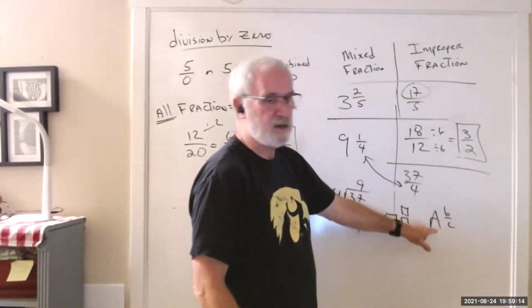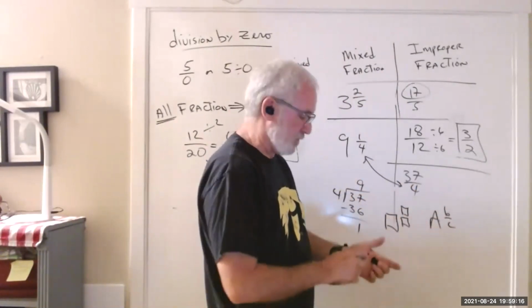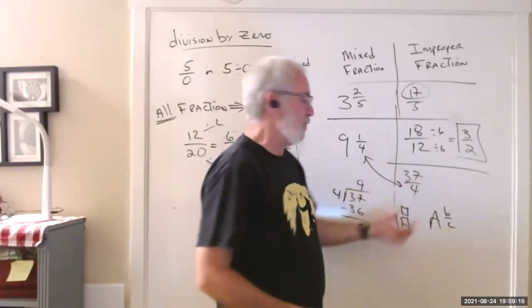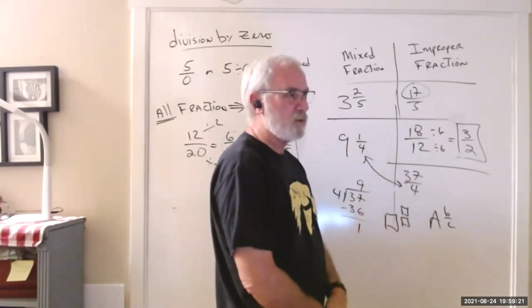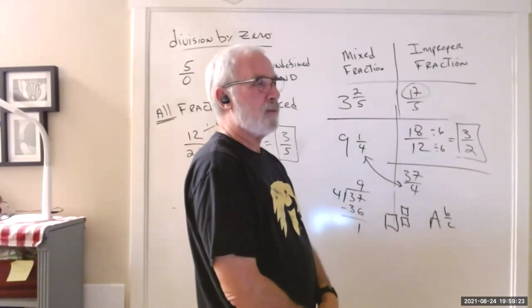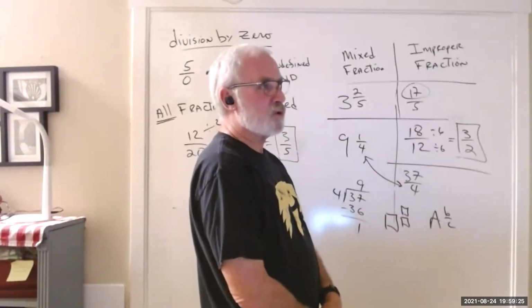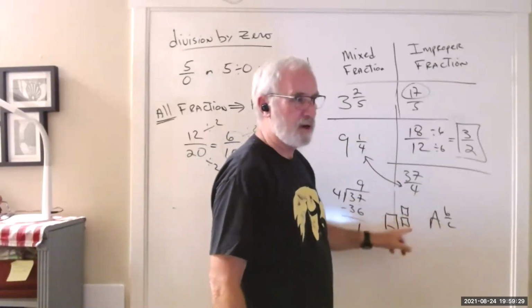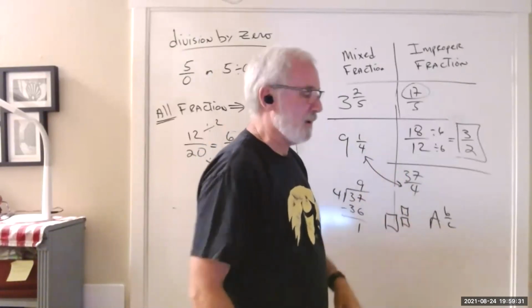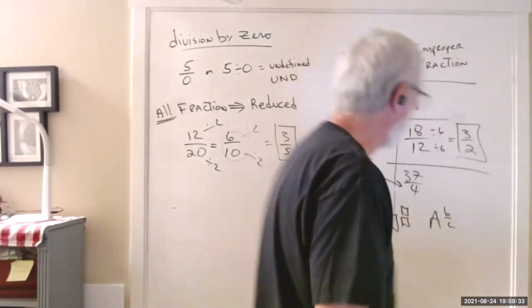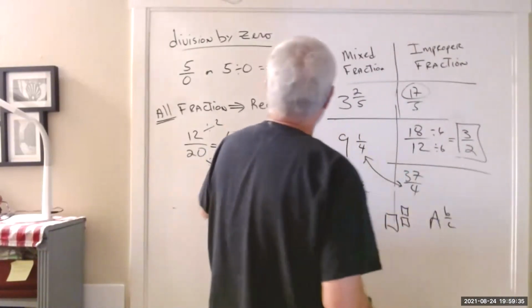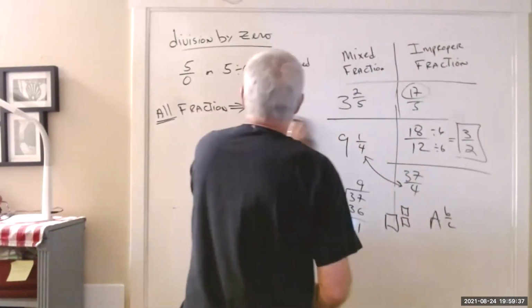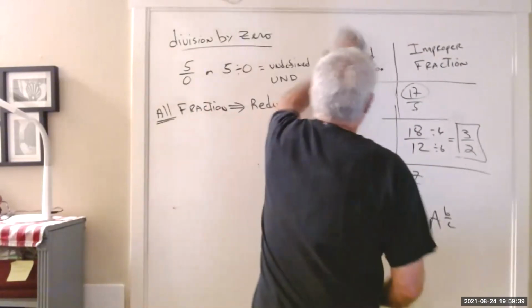Okay, that's how you input a fraction on some calculators. If you can do that, it will almost always reduce your fraction for you. You can use these to add or subtract, multiply or divide also. But we'll talk about those a little bit tomorrow night. Okay, moving on. All fractions have to be reduced.